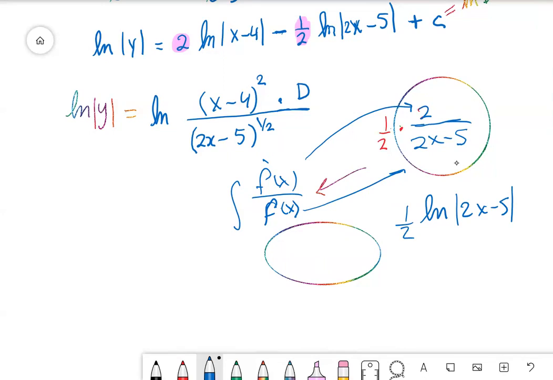So that's one way. The other way, maybe easier to think about, is because you have 1 over 2x minus 5, you can write it as ln 2x minus 5, and then you divide by the derivative of 2x, which is 2. So it's like 1/2 ln 2x minus 5.